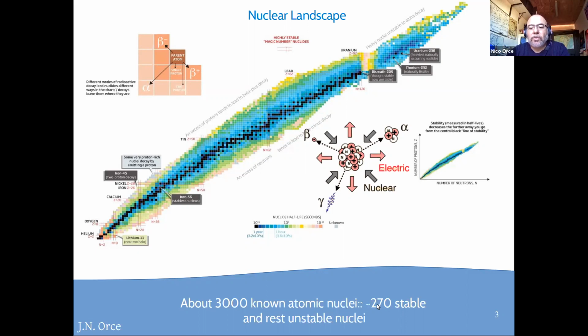Out of those, 270 are stable and are represented by these black squares here. And then we have some unstable nuclei. These unstable nuclei, because they have an extra proton, decay by beta plus, which is basically a proton converted, as we discussed in the sodium iodide practical, into a neutron plus a positron plus a neutrino.